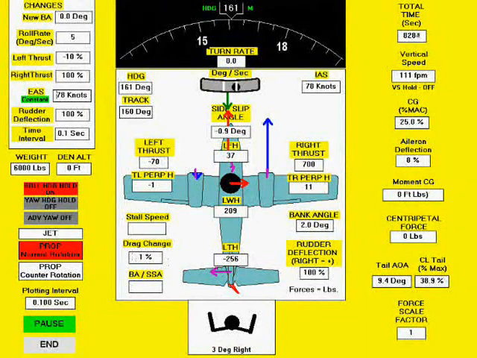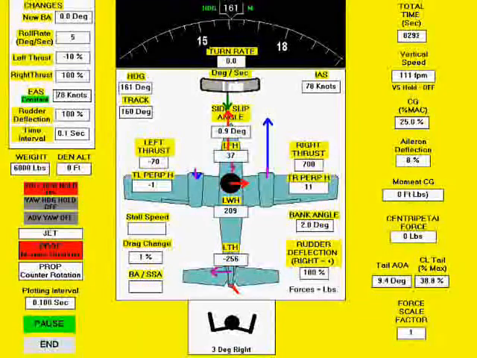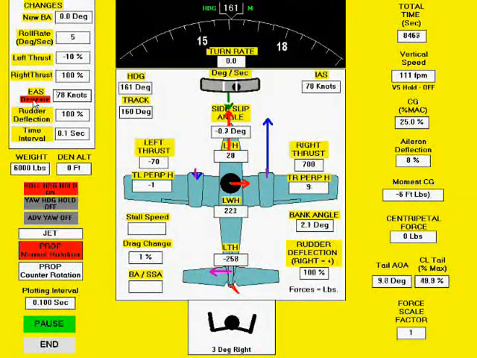Notice that at 78 knots, a 2-degree bank angle will stop the turn. Next, 77 knots and 2.6 degrees bank angle produce a zero rate of turn at the zero sideslip angle.